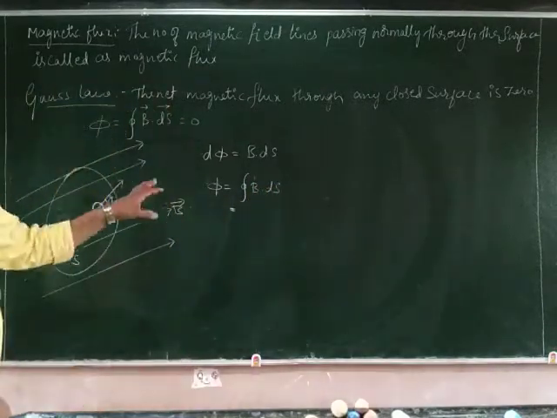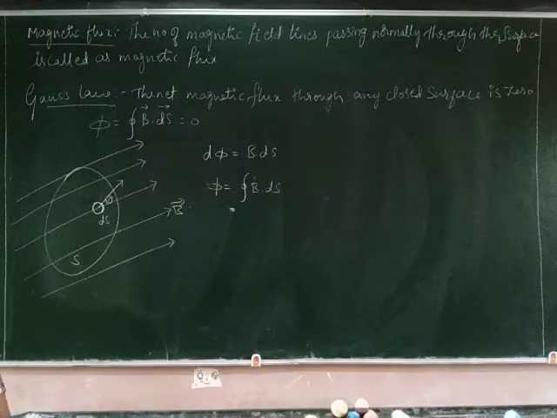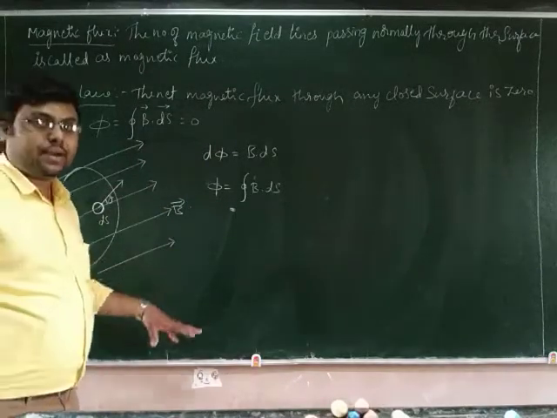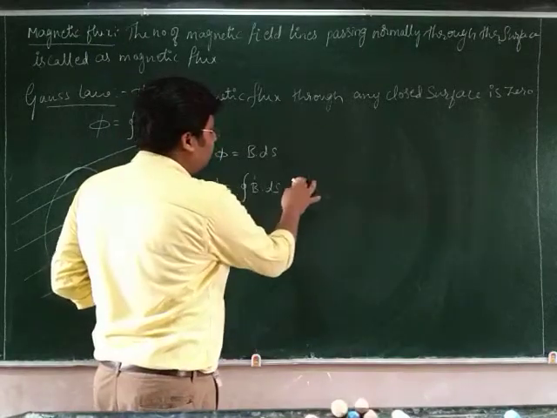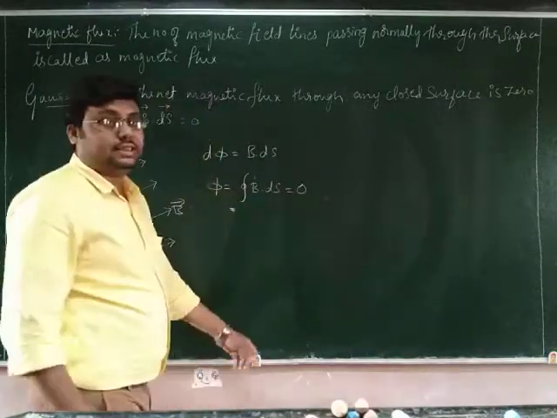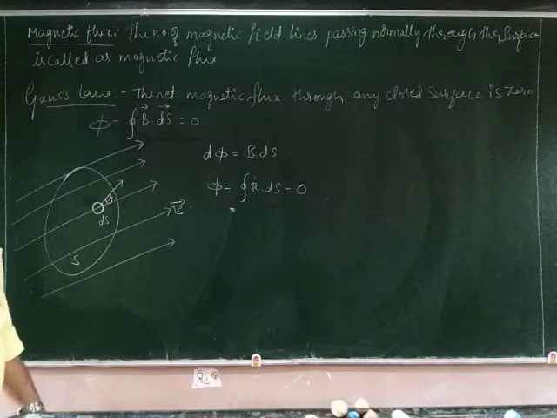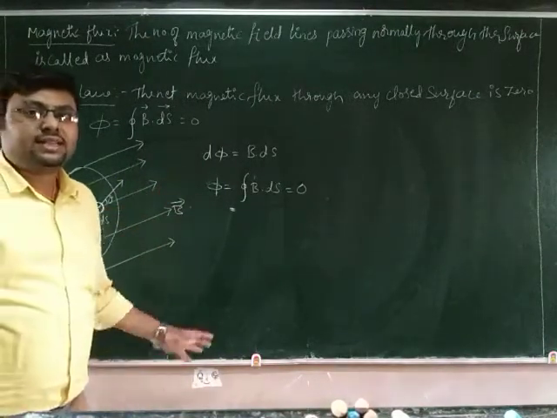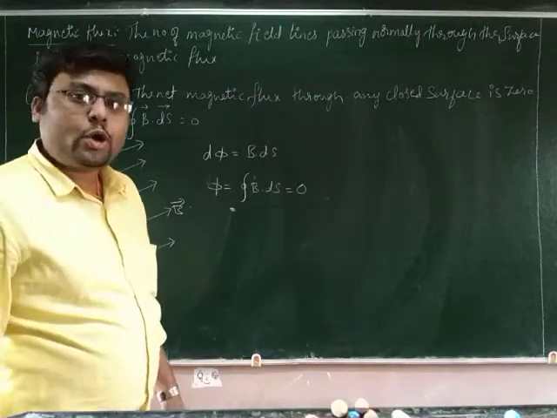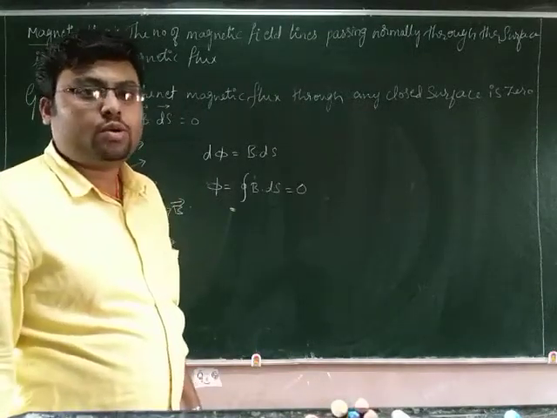Now according to Gauss statement, what is the value of this integral of B dS? It is equal to 0. Is it clear? If they have asked for 3 marks, you have to write this. The description part I have provided in the notes. Please go through the notes.